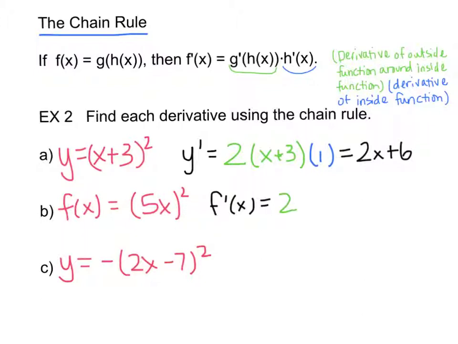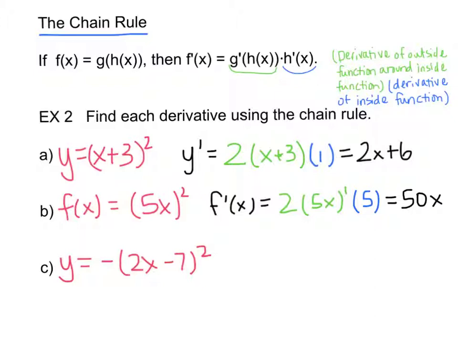So I'm going to bring down my squared, leave my inside function as is, reduce my power by 1, so it's that invisible 1, and then take the derivative of my inside function, 5x, and the derivative of 5x is just 5. And if I multiply that out, I get 2 times 5 times 5, that's 50, and then I have my x multiplied on there, and that's what we got before.